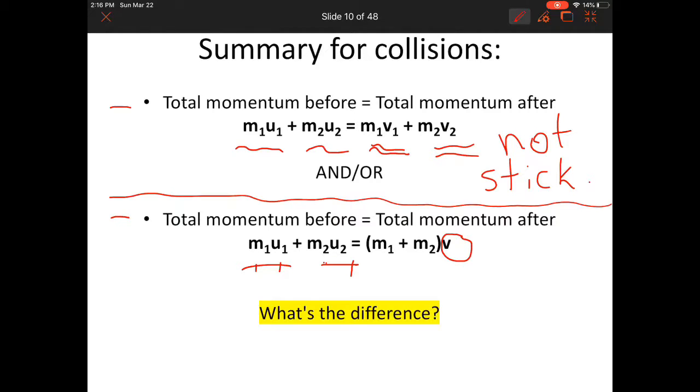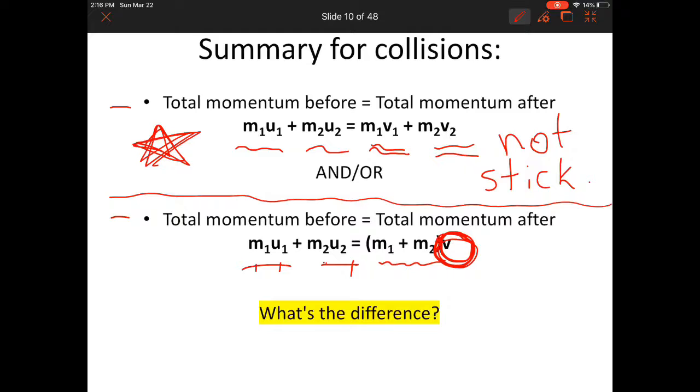When two things stick together, if they're joined, they have only one combined velocity. So we only need to put a single v for their velocity. And we also see that the masses are combined. Regardless of which one you use, you can actually use this one at all times. The only difference is that when they stick together, you do end up with the ability to factor this out.